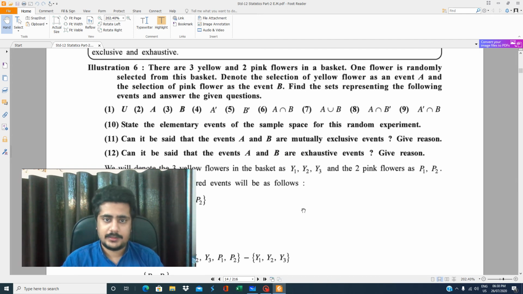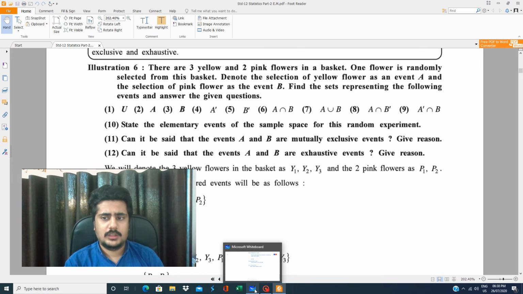Denote the selection of a yellow flower as event A and selection of a pink flower as event B. Find the sets representing the following events: number 1, sample space U; number 2, event A, B, A dash, B dash, A intersection B, A union B, and so on. Okay, let's start the sum. We'll be doing one by one.